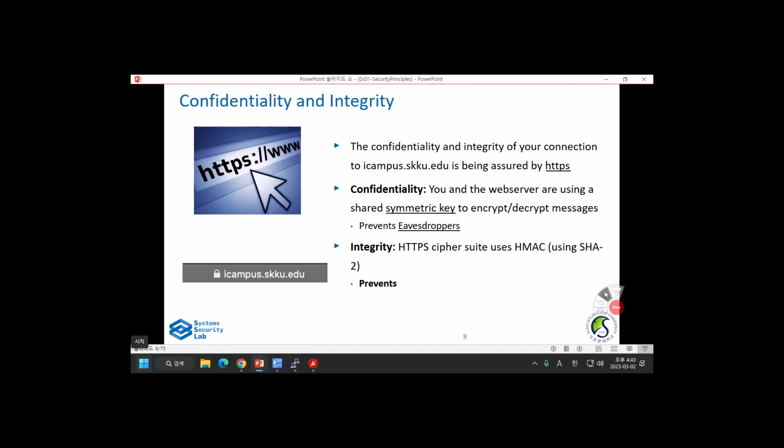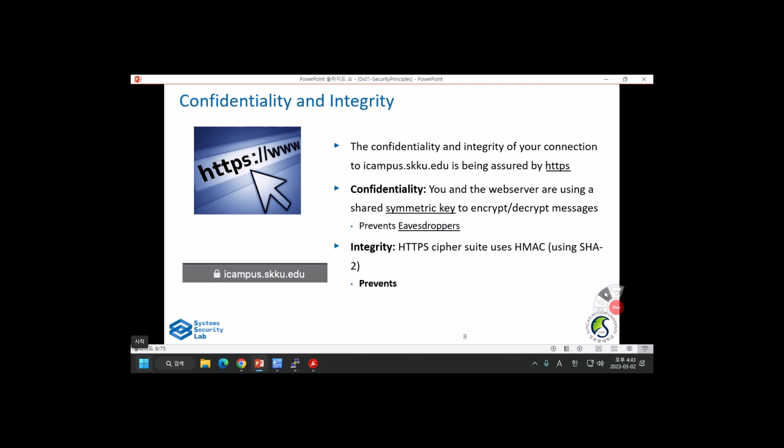So confidentiality is guaranteed by using a shared symmetric key between you and iCampus. So you and iCampus have the same set of keys. You encrypt using the key, and with the same key, iCampus decrypts.